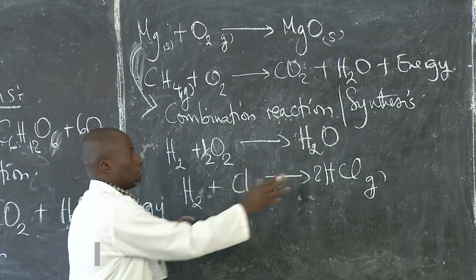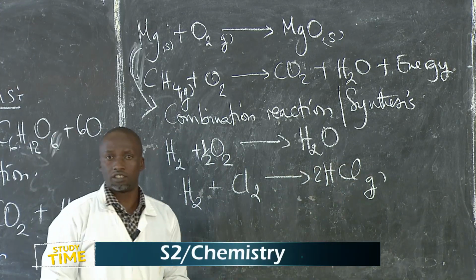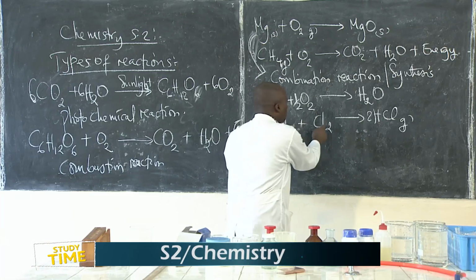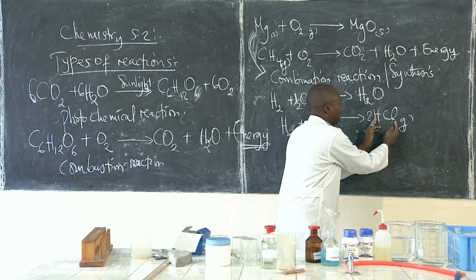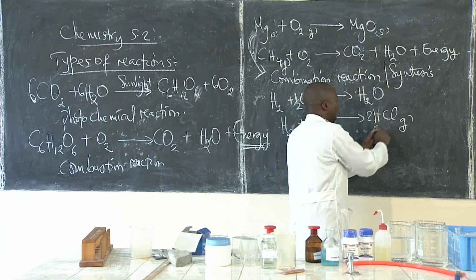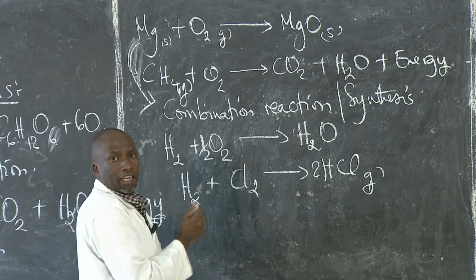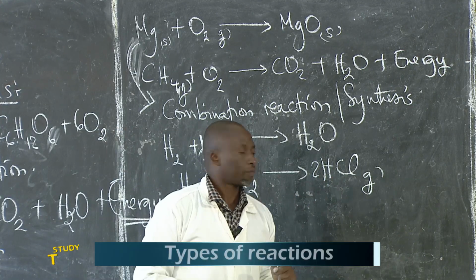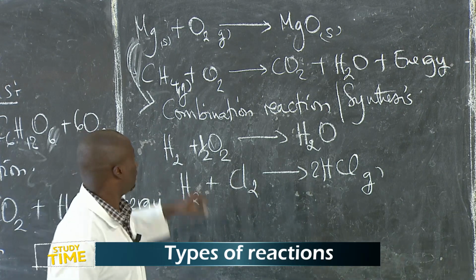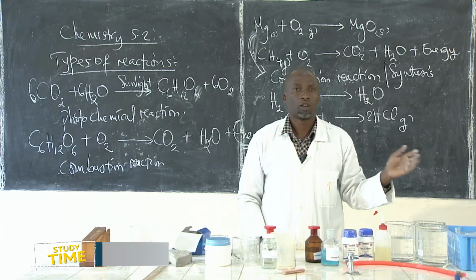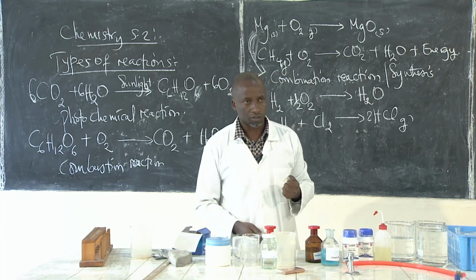This product is made from two elements: hydrogen and chlorine. These are the elements combining together to form this product. So it is also one of the examples of a combination or synthesis reaction.